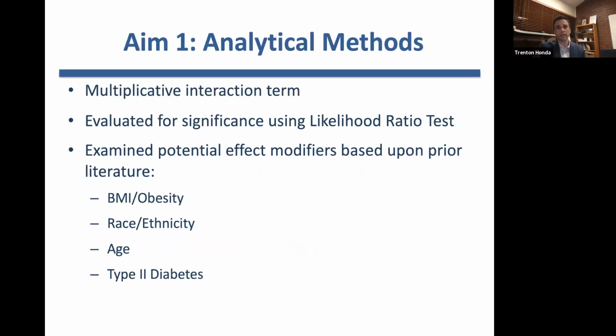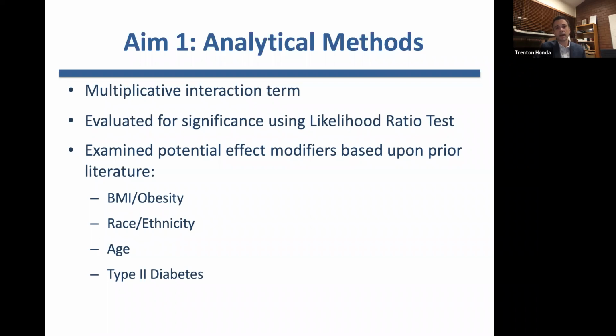So that was aim one, looking at the associations between greenness and built environment characteristics and CRP and hemoglobin A1C. Our aim two was to examine for effect modification. And we examined this by including multiplicative interaction terms into our model, and then evaluating for significance of this interaction term using the likelihood ratio test.